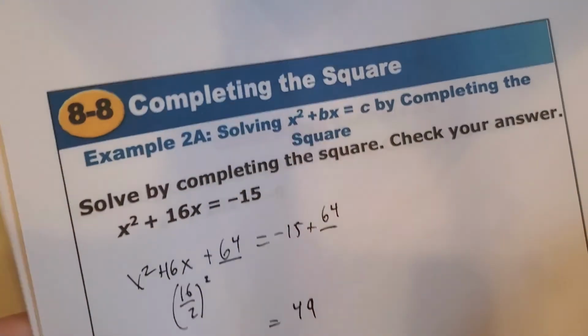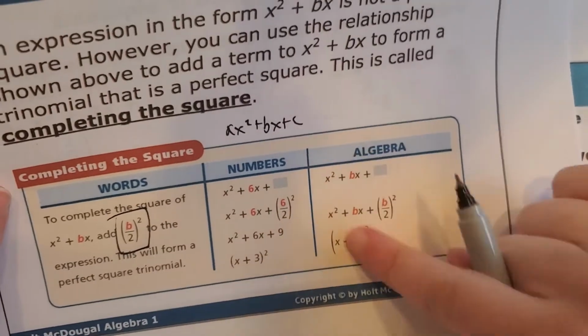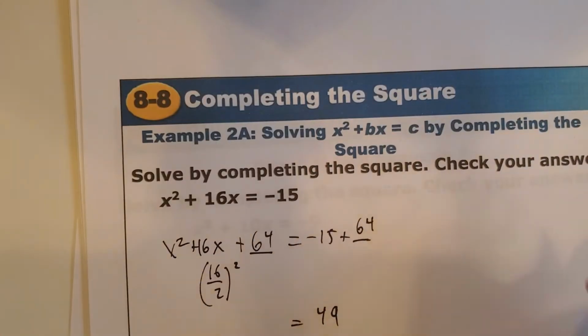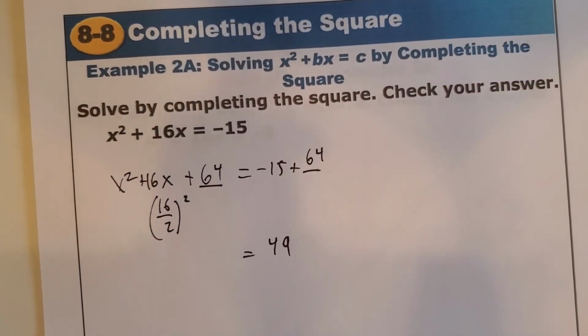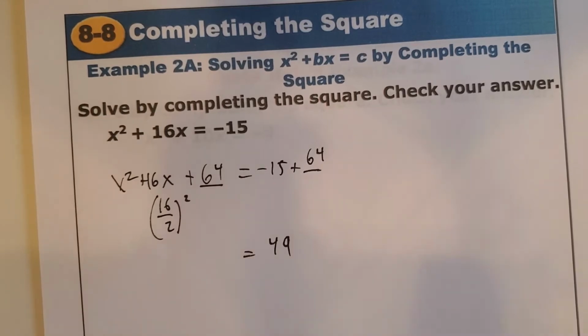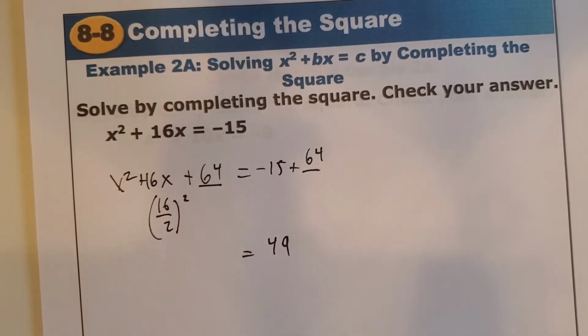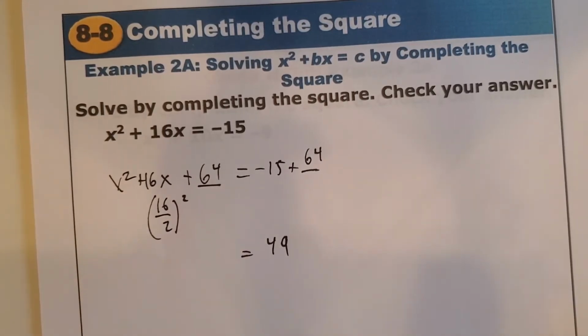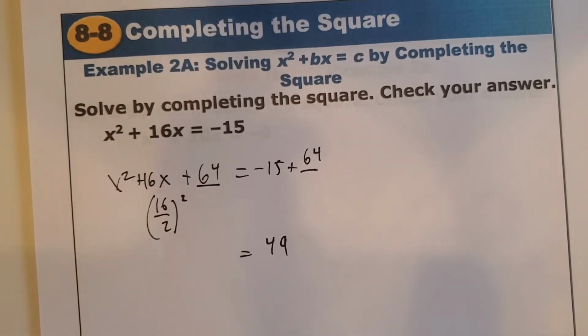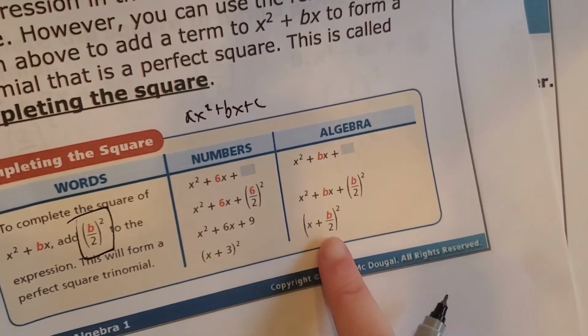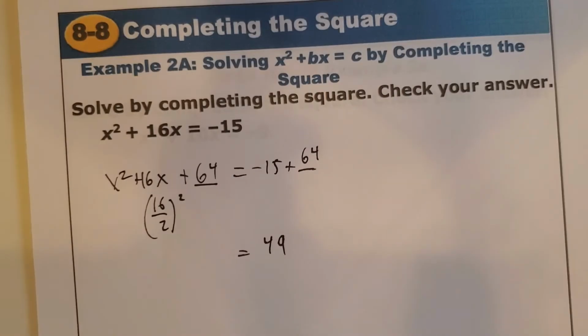And this kind of brings in this whole idea from a couple slides ago, okay? You can absolutely sit there and figure out all the factors of 64 and figure out which pair adds up to positive 16. But you have a shortcut, all right?